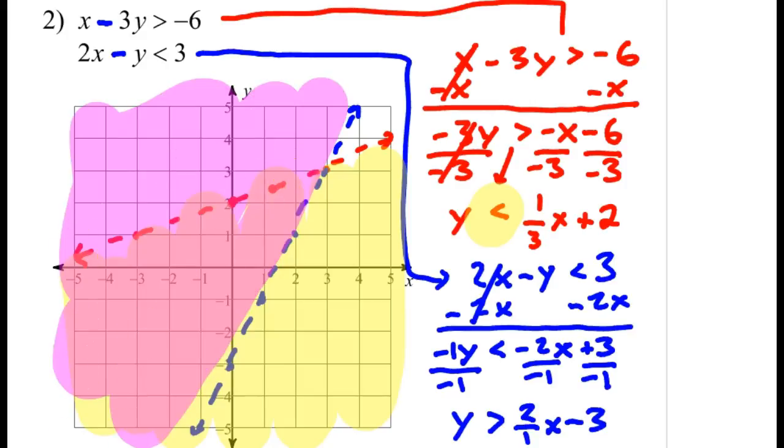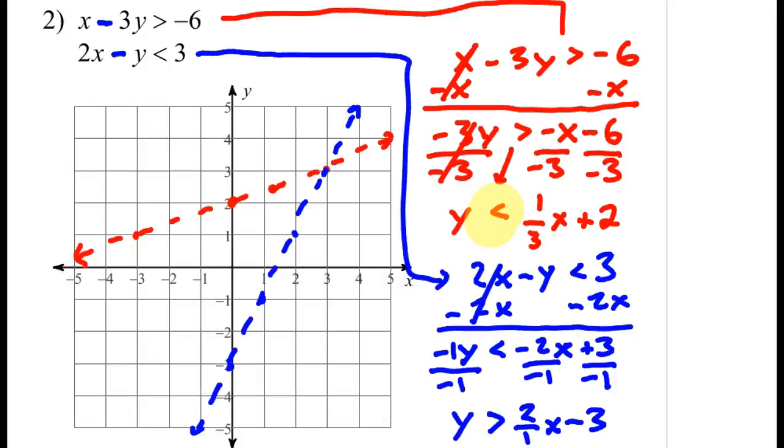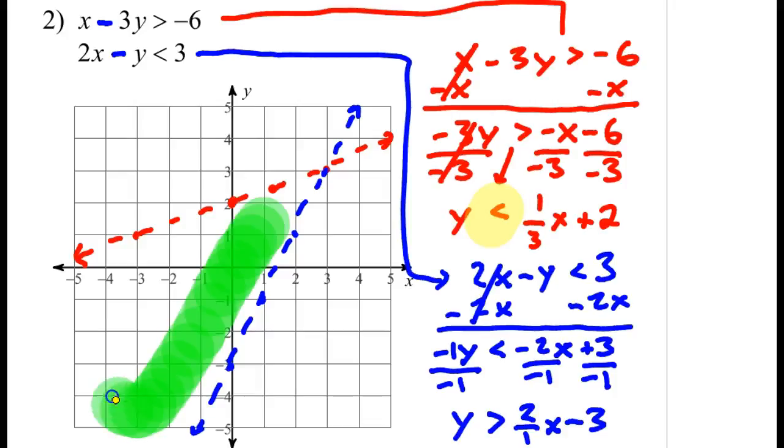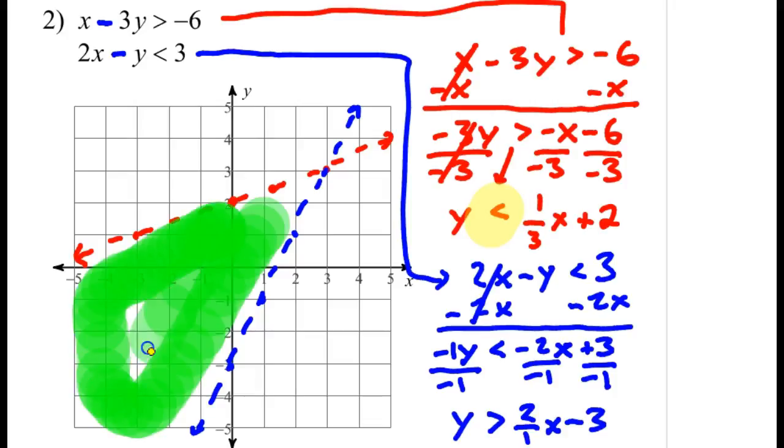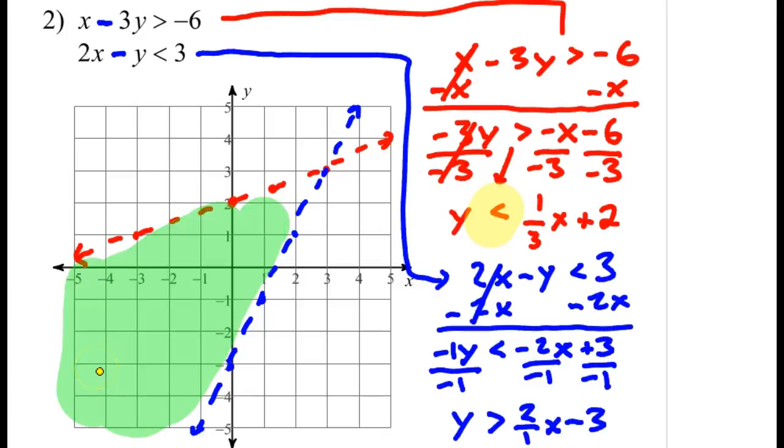So it should only be shaded in right here. So remember, you have to erase all this. I'm just going to go put it off. Now I know it should be shaded. And this is where it overlaps. So your answer, of course, is where the shading overlaps.